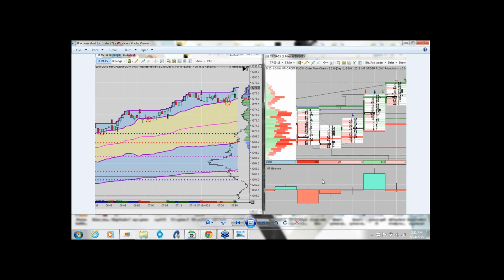That is where the order flow chart comes in. Now that I've been using order flow, I don't know how I could ever trade without it. My order flow chart corresponds to this last circle here, so that's the trade I'm going to focus on.